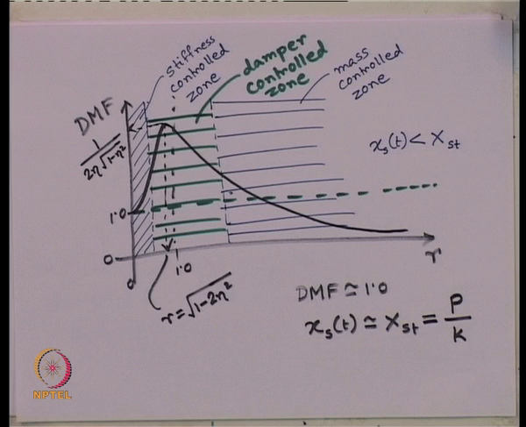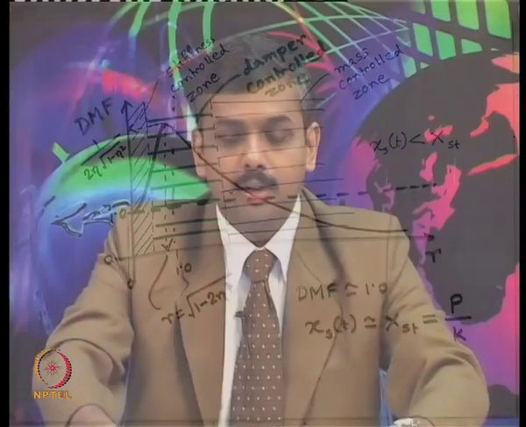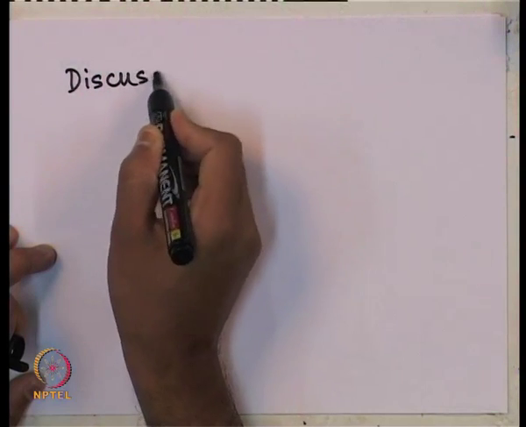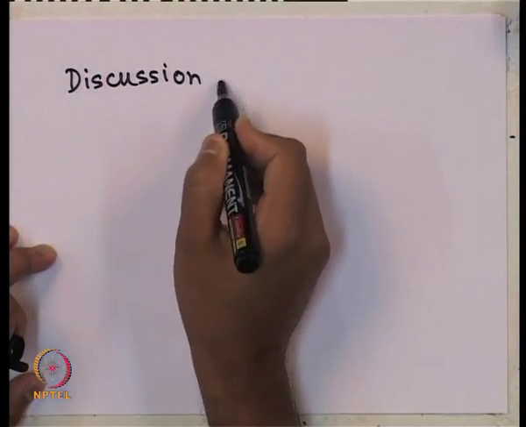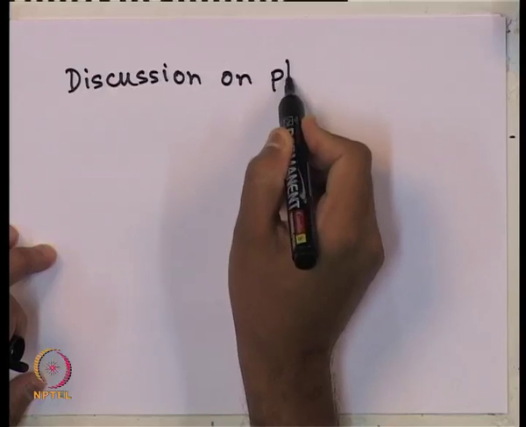The phase I have used in the Maxwell diagram already, but I have not yet discussed how it varies with respect to r and also different values of damping ratio. So, the discussion on phase angle.